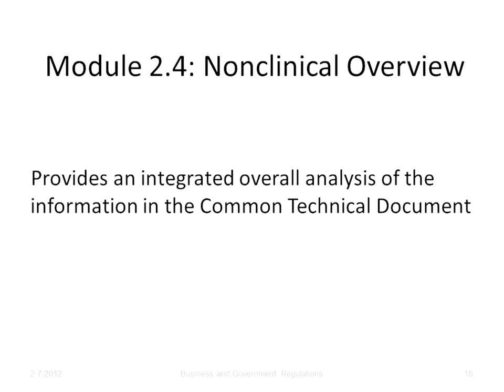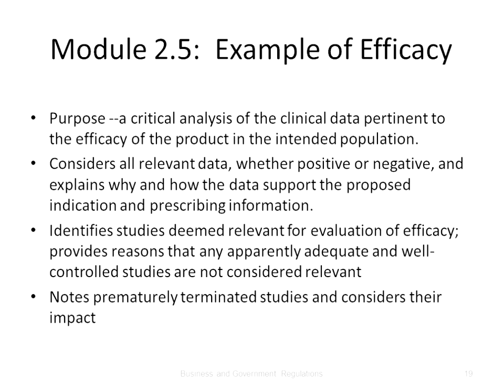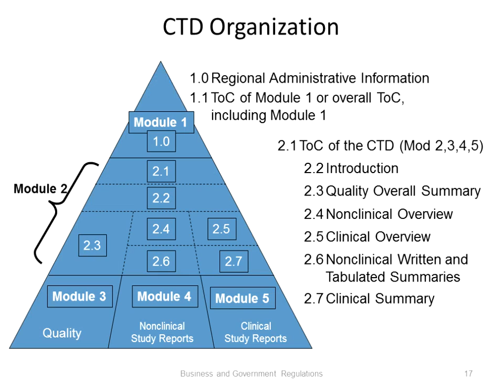So it provides an integrated overall analysis of the information in the CTD. So the keywords are integrated overall analysis. Okay, so you're not giving specifics here. So remember that in the document, this section was specific to quality.